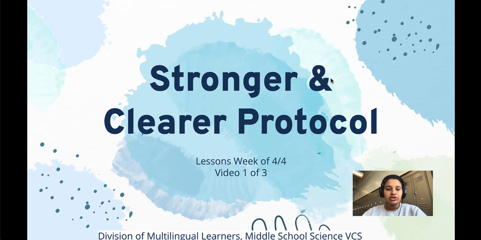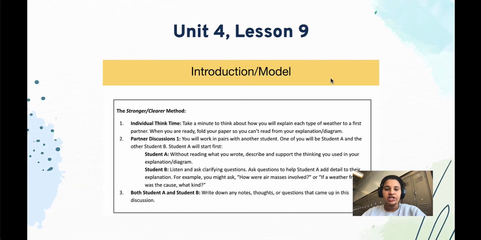As a quick note to teachers before you get started, this is a student-facing video on the Stronger and Clearer protocol. You can embed this video into your lesson so students are able to follow the protocol a little bit easier. This video is for Unit 4, Lesson 9, where students are asked to talk about the different types of interactions that impact weather.